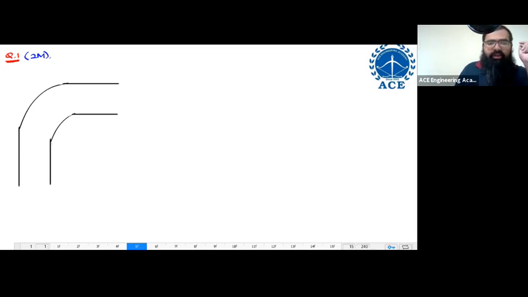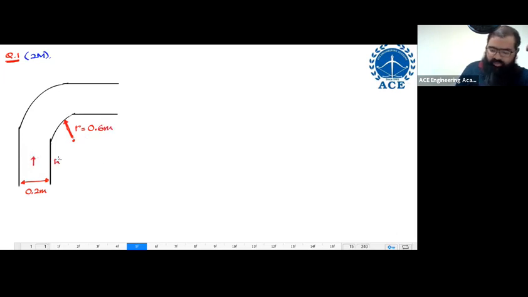This entire bend is taking place in some horizontal plane. Let us say this distance over here is equal to some 0.2 meters. And this radius over here, let us say this radius is equal to some 0.6 meters. The inner radius is 0.6 meters.